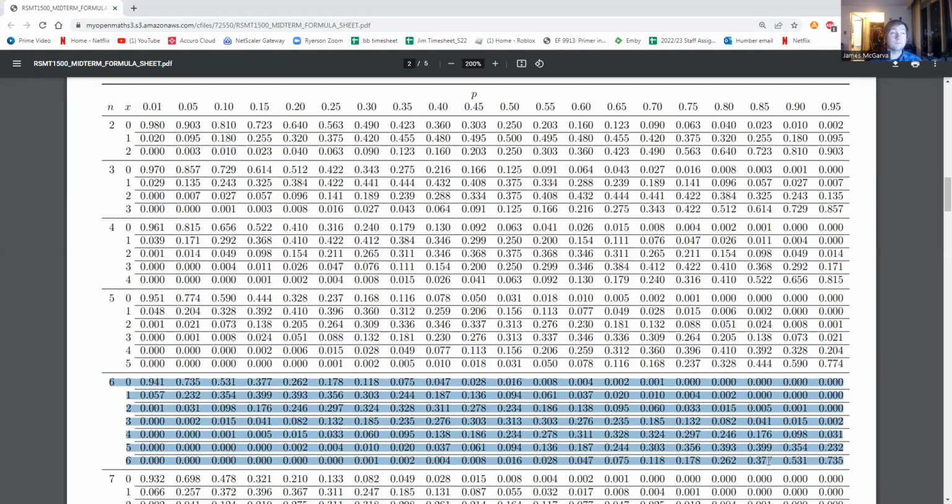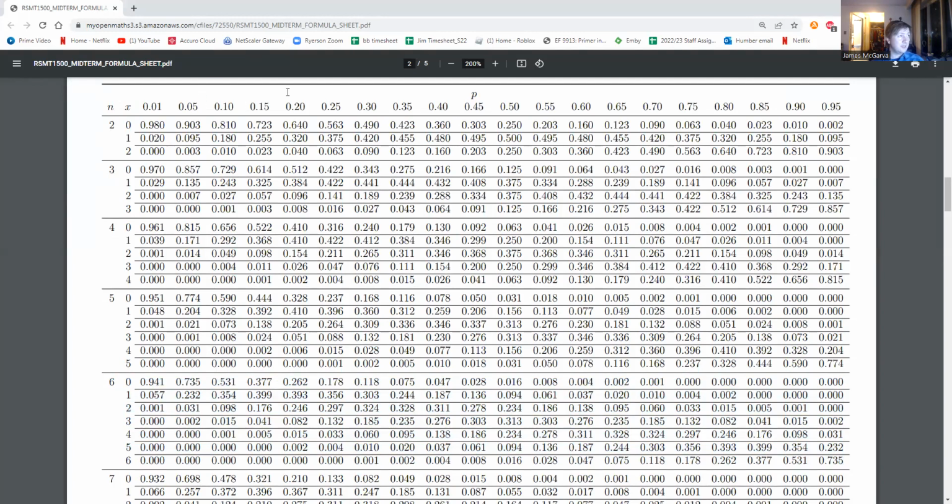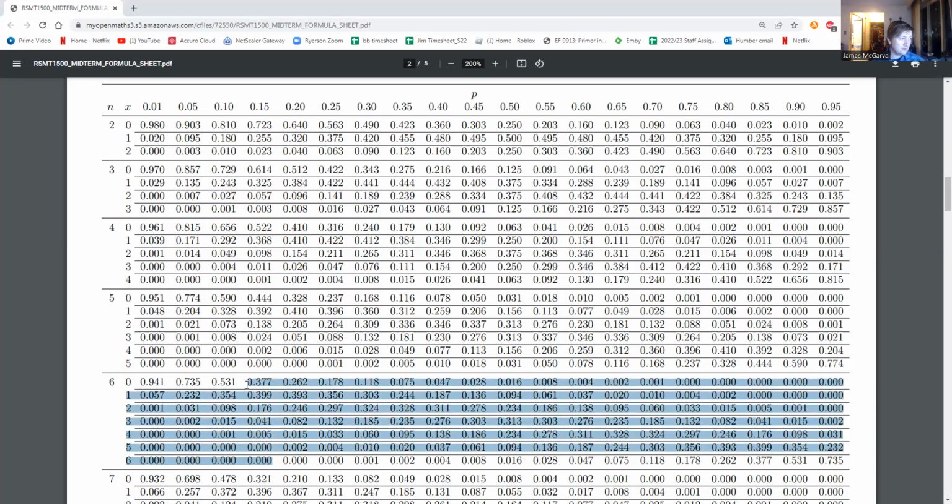That's what we want. And in particular, we want the column that corresponds to 15%, which is, if you look up here, the probability gives you the column, and 15% is there, right? So we want this column here, from here down to here.